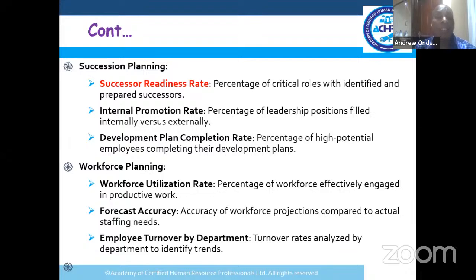What are the trends in the change in technology, so that as you forecast your future HR requirements, you know that we are going to need fewer employees, especially in the face of technology. Two, you can do an environmental analysis where you are looking at the political, economic, social, and the technological aspects.